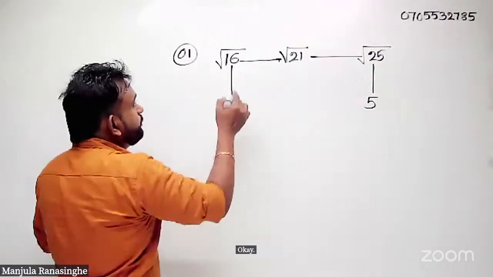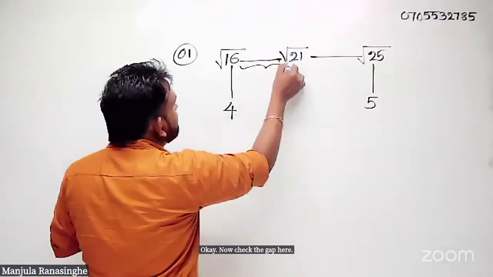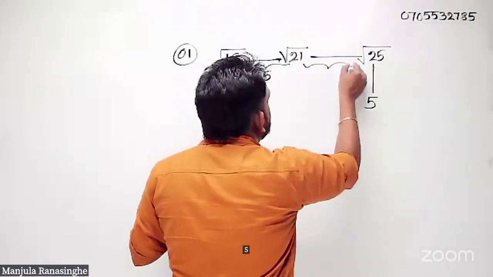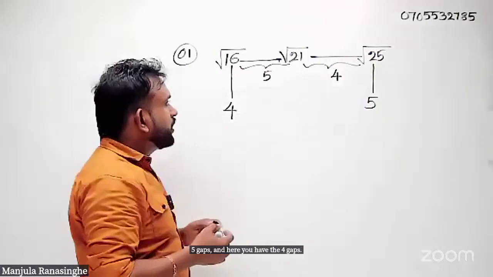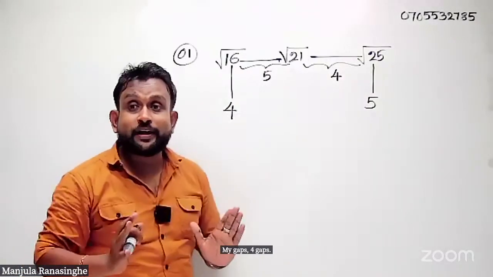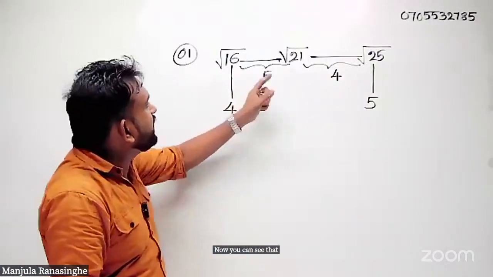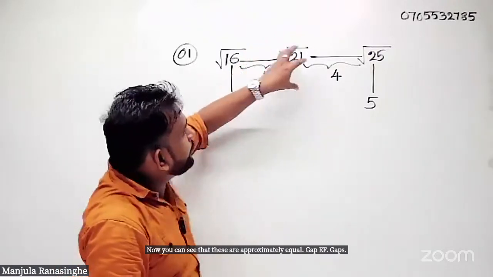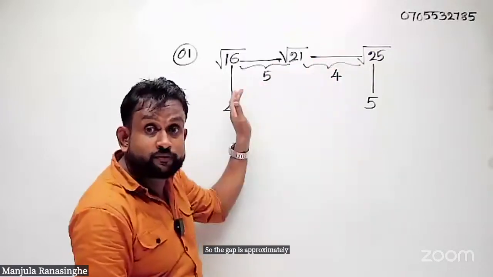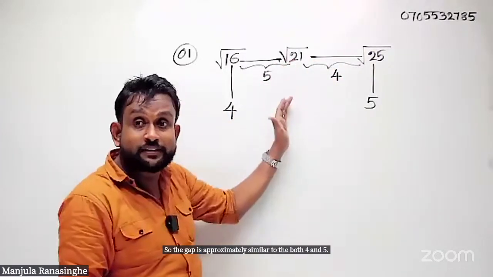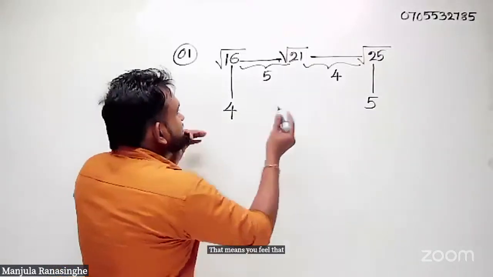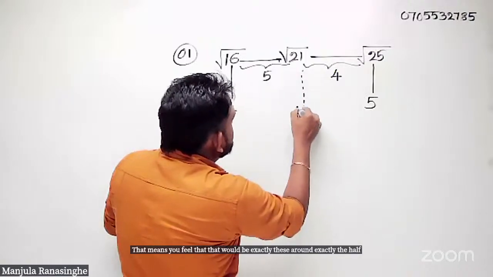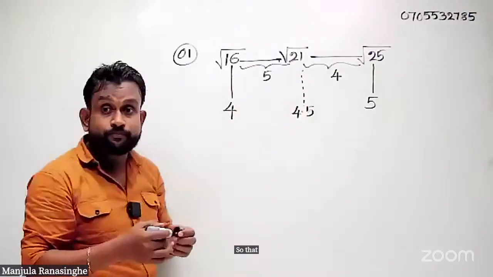Now check the gap. The difference between 16 and 21 gives you 5 gaps, and on the other side you have 4 gaps. 5 gaps, 4 gaps, so these are approximately equal. That means it would be around the half of 4 and 5, like 4.5.